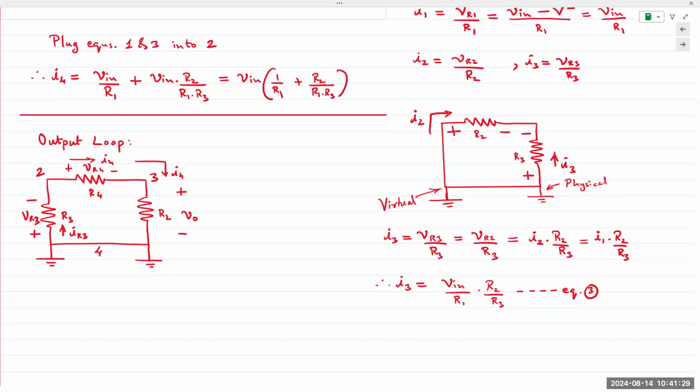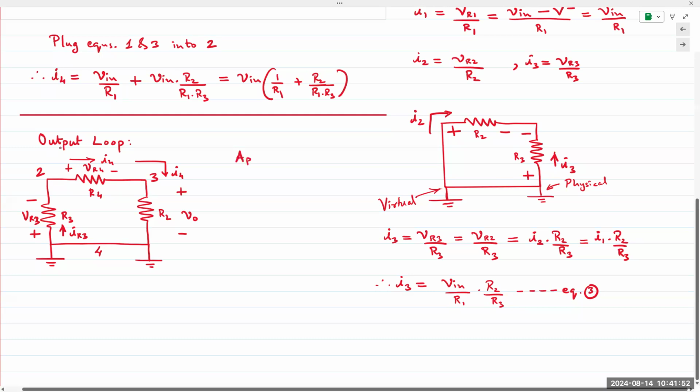Okay. All right. So now I can apply KCL if I wanted to, but we already did that for the input path. We simply have I3, I4. And then we have I2 coming in. We are not including that for now. So let's apply KVL.